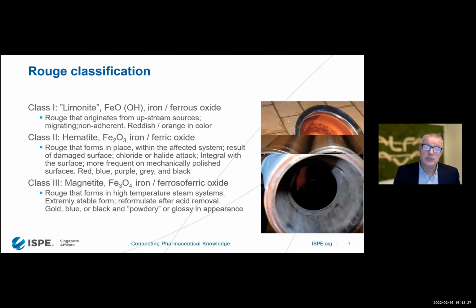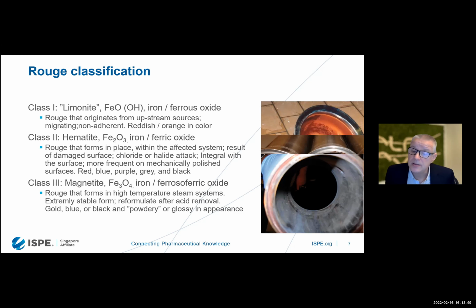This rouge is generated at very, very high temperature, typically in steam systems. And it is an extremely stable form, which is good in one thing and bad in another. It's good because it will seldom leave the surface, so it will not contaminate your water. It's bad because it's difficult to remove.